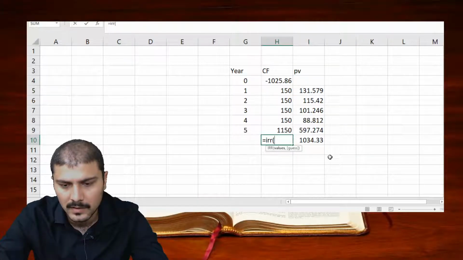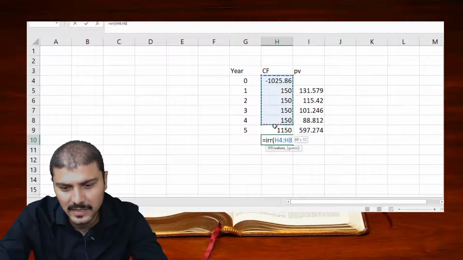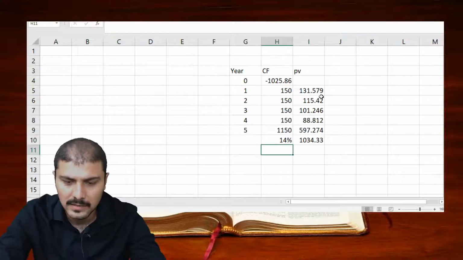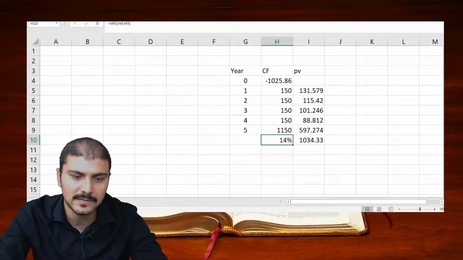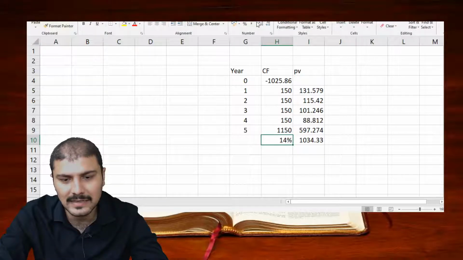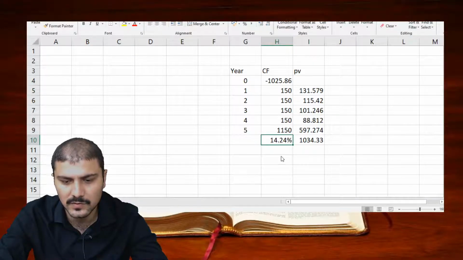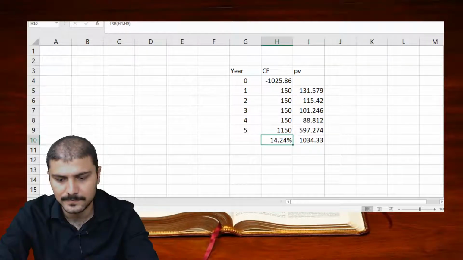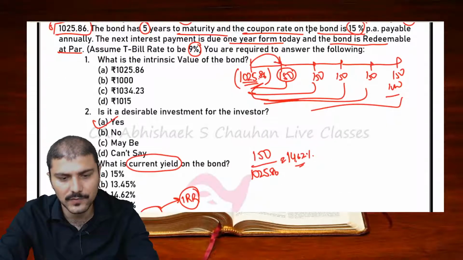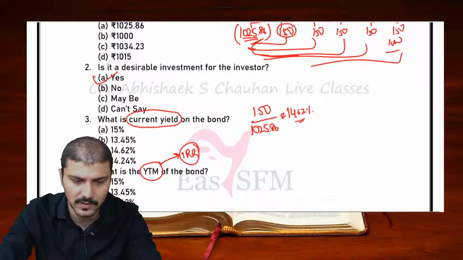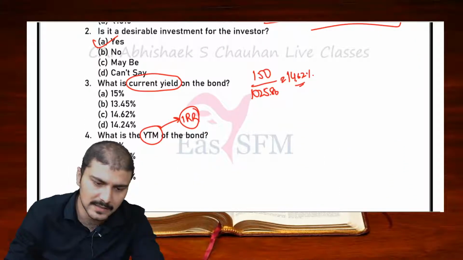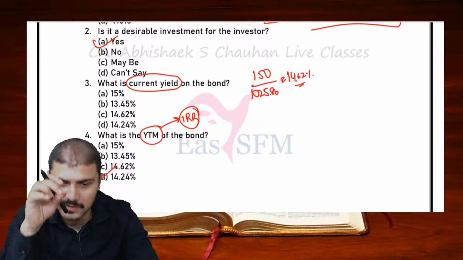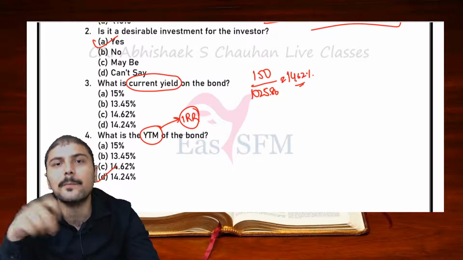Select the values starting from year 0 till here and close the bracket, press enter, and you will get the answer as 14%. But if you want the correct answer in decimals, then you have to increase the decimals, so it will be 14.24%. So this is the answer for this part, that is 14.24% as YTM.